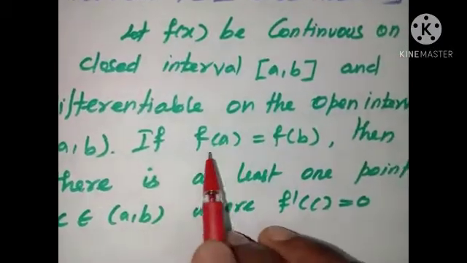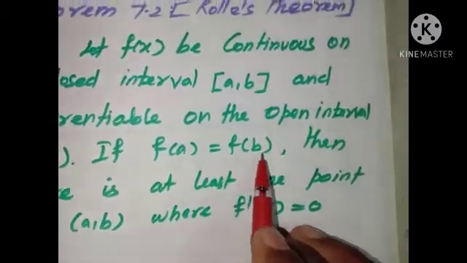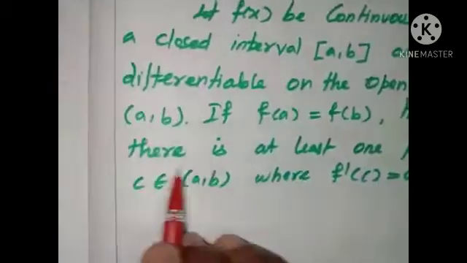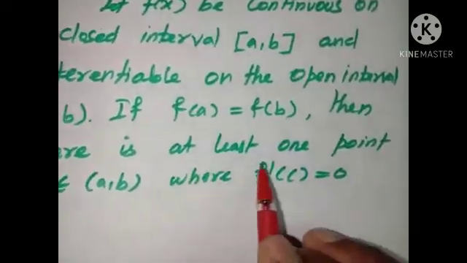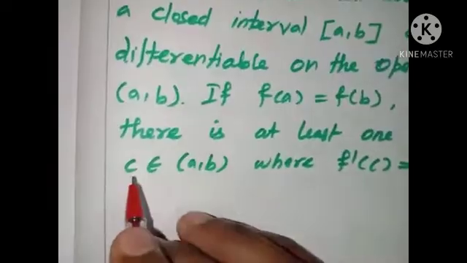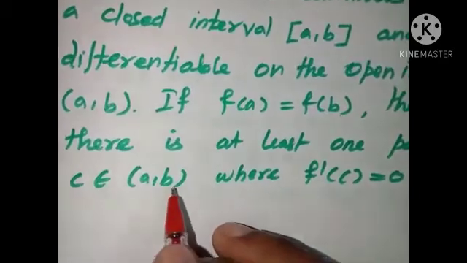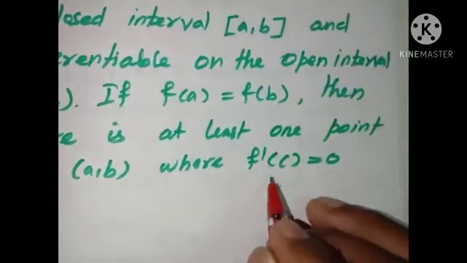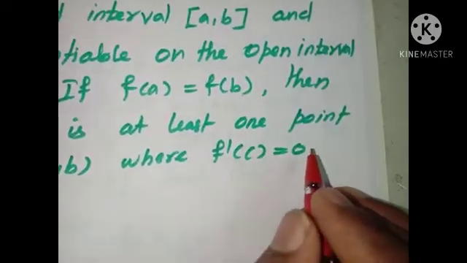If f(a) = f(b), then there is at least one point c belonging to (a, b) where f'(c) = 0.